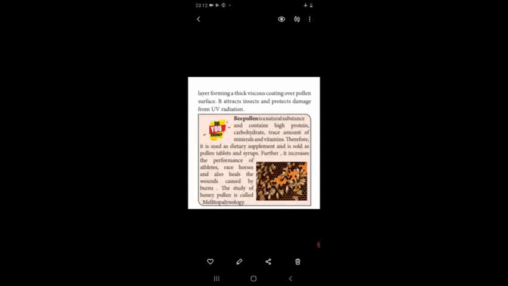A 3-mark question and a 2-mark question: What is pollen kit? Or write short notes on pollen kit. What is the answer? It is derived from the tapetal layer. It consists of colored pigments such as yellow and orange, made up of carotenoid or flavonoid.